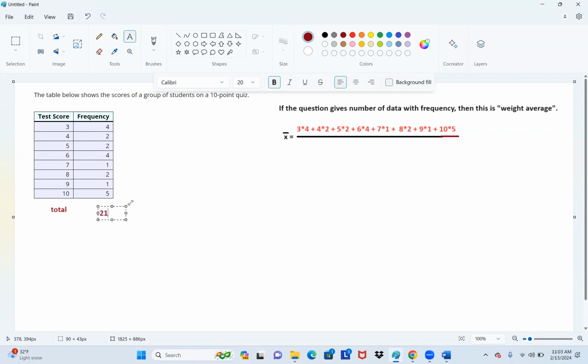We have 21 people, correct? So we have to divide by the total of 21 students who took the test.